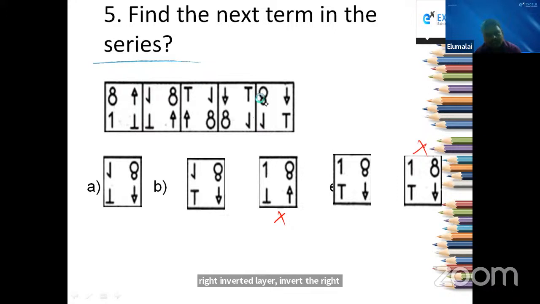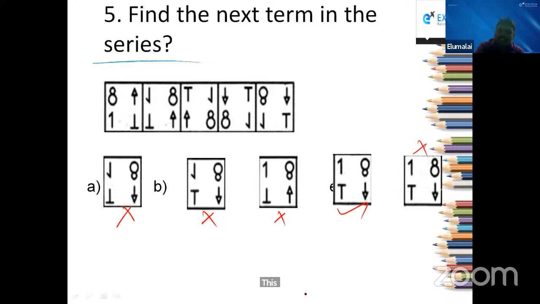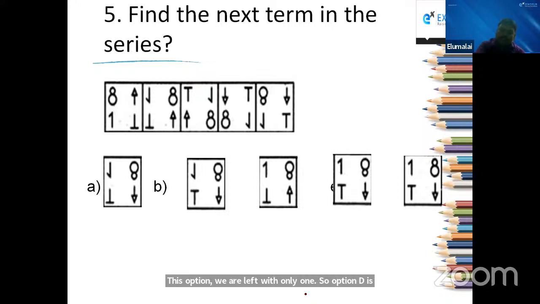So if it is inverted, then it will be like the first figure, right? So at that time you could have eliminated this option and this option. We are left with only one. So option D is the correct answer here. I hope you can understand this.